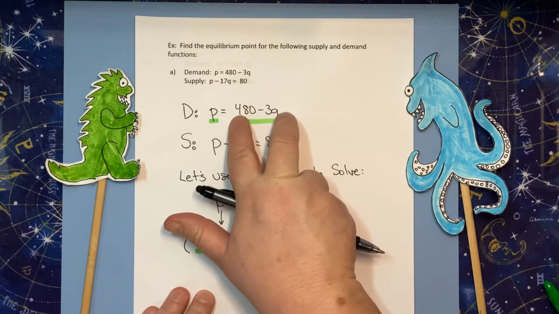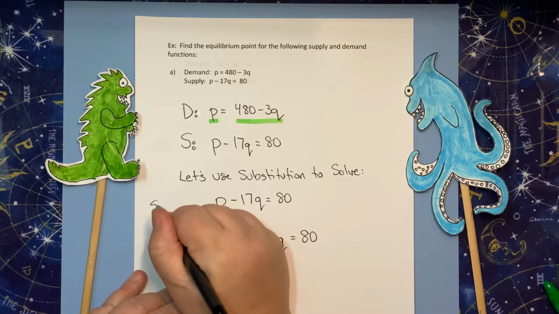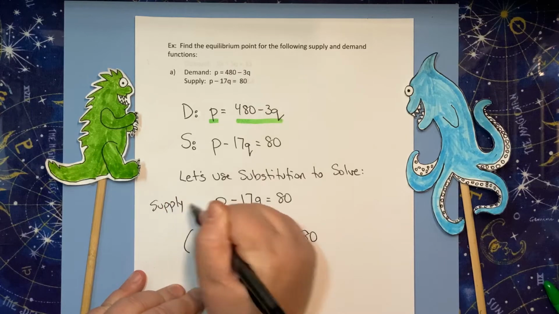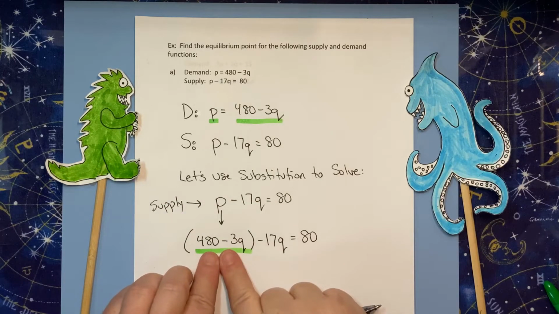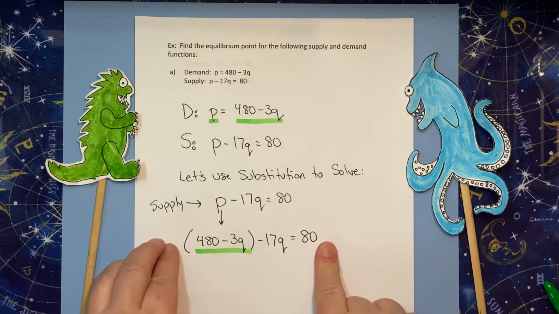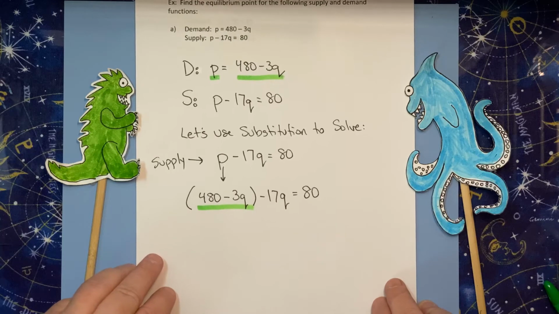So I'm going to take this equivalent for P and put it in place of P in the supply side equation. So this is supply. So we're sneaking demand and sticking it inside the supply. And now we've got an equation that we can solve for Q.